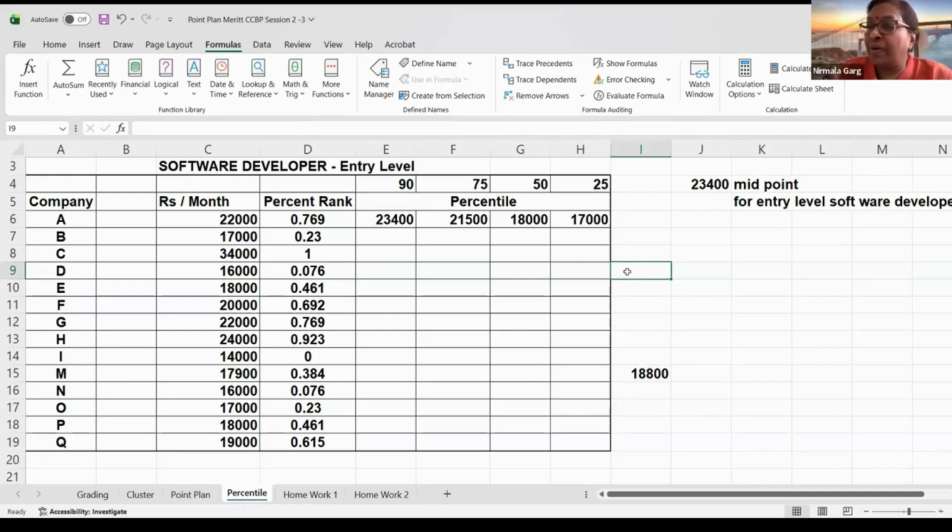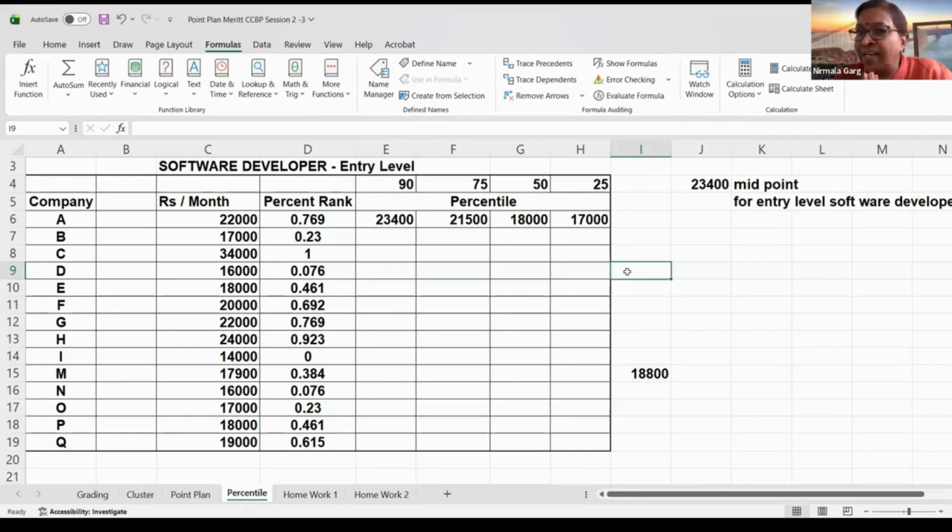Internally, job evaluation tells you how you pay internally. But when I said I want to pay at the 90th percentile for software developer, what does it mean? My market positioning means if the market is paying a certain amount, I want to be at the 90th percentile. So what is that 90th percentile? It's market data.